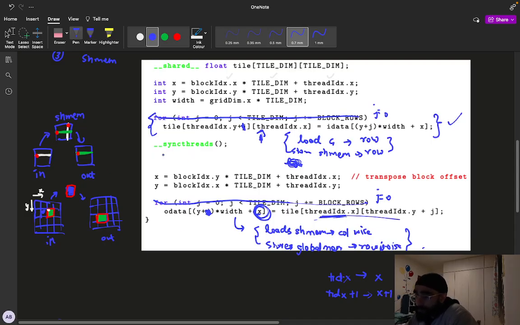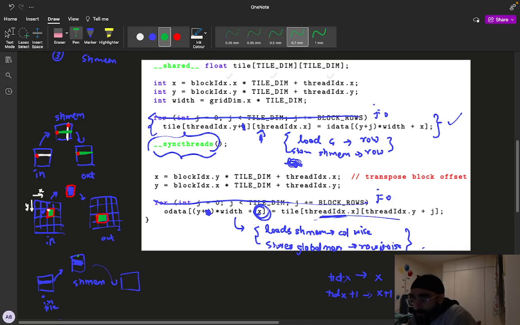There's no problem with this, but the code is something like this, where this row of the input matrix's tile is loaded into shared memory as is, and once the shared memory is all ready, because of sync threads, we load from shared memory column wise and store row wise.